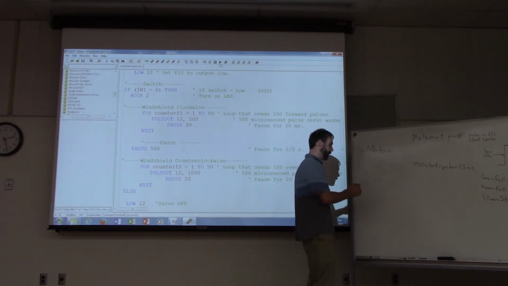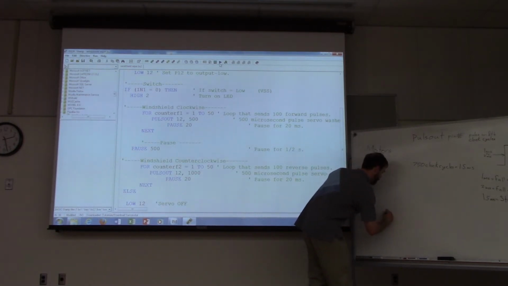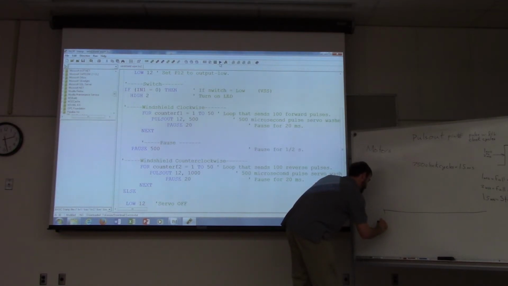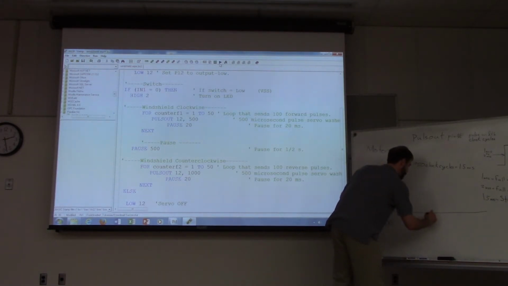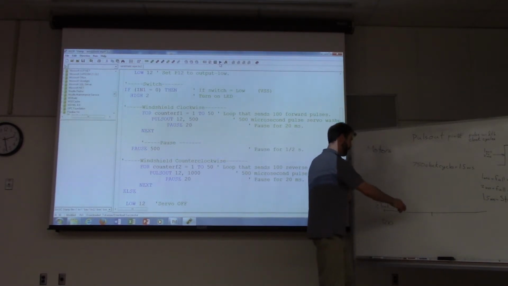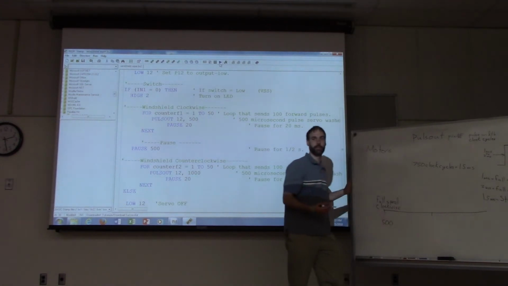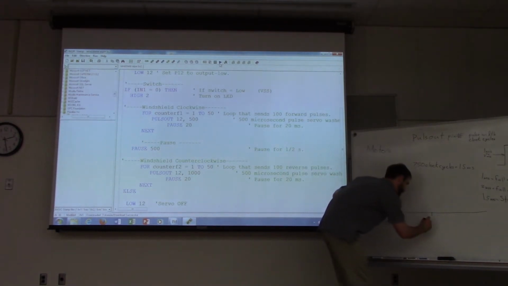So we could think of this as kind of a scale, right? Down here on one side we have 500, which is full speed clockwise. Right in the middle, how many clock cycles do we have? 750, exactly.